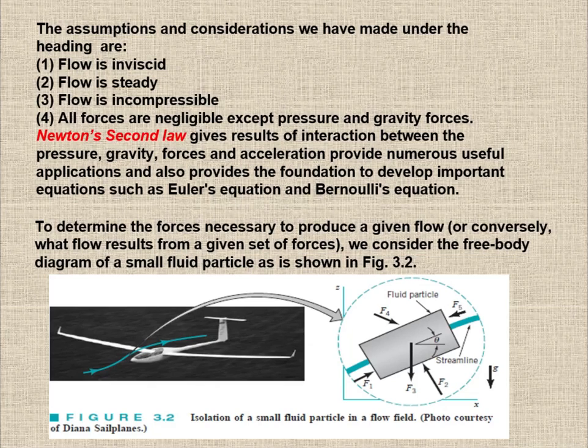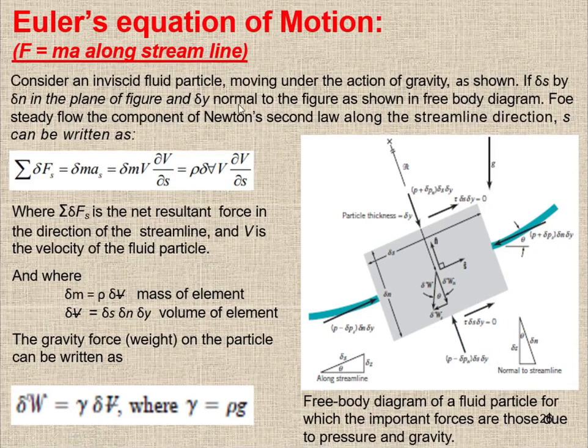So let's see and derive the equation that is called Euler's equation. The assumptions we made in the previous slide are the same assumptions used to derive this equation. We know that forces are vector quantities, so we are going to consider the force component acting along the streamline.